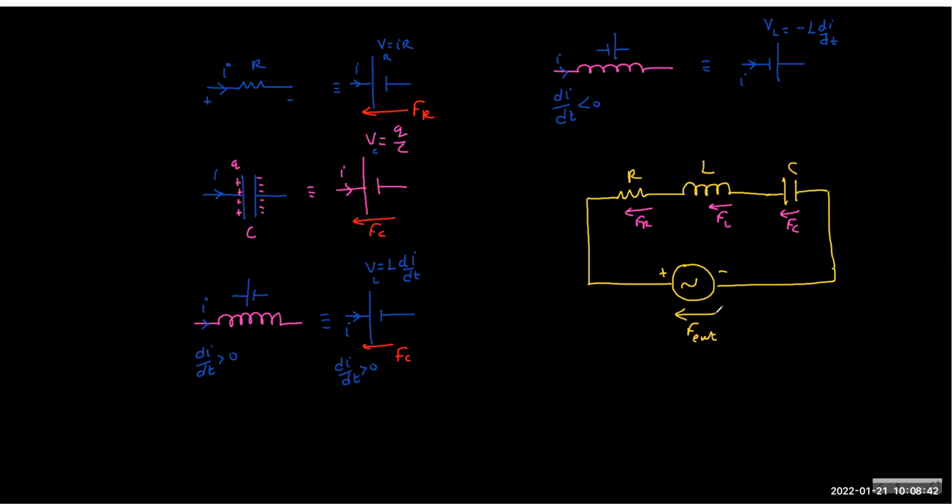And we know that, because all are opposing, for equilibrium of the circuit, F external equals F R plus F L plus F C. If it is a DC, basically this we can add for DC, not for AC. Just let me make a small change.